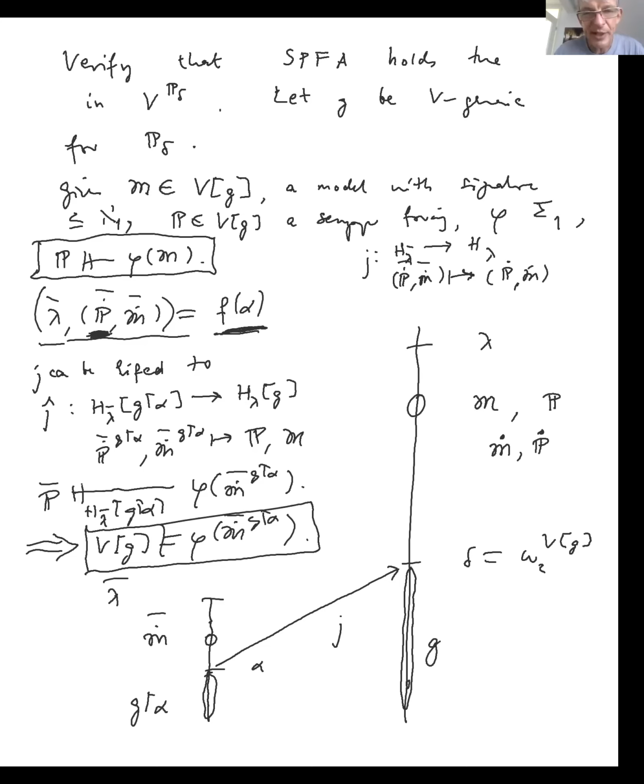Now we have exactly the situation we wanted to verify. We assume that we have the semi-proper forcing P, which forces phi of M, and we concluded that already in V of G, there is this substructure M dot bar interpreted by G restricted to alpha, which can be embedded by J hat into M, and the sigma 1 statement phi holds true about it. J hat can be seen in V of G because J was picked in V, and then the extension J hat just exists in V of G.